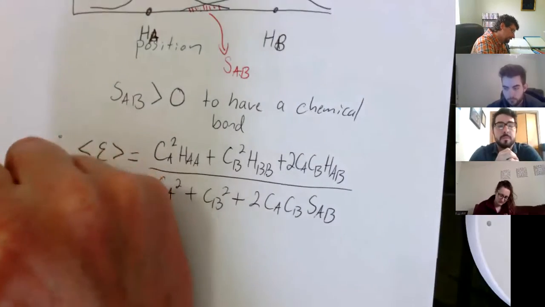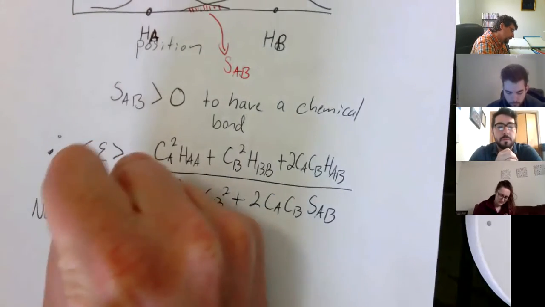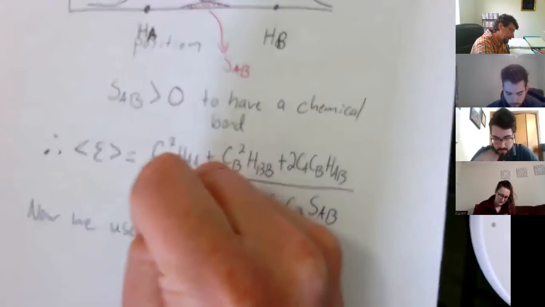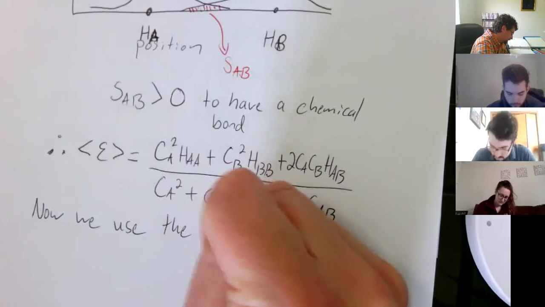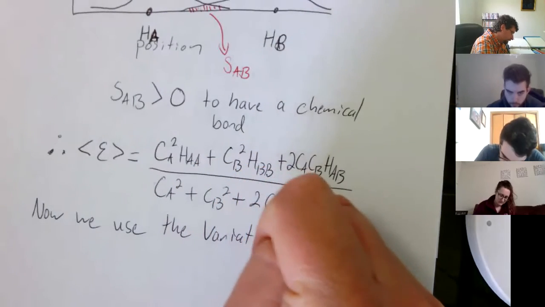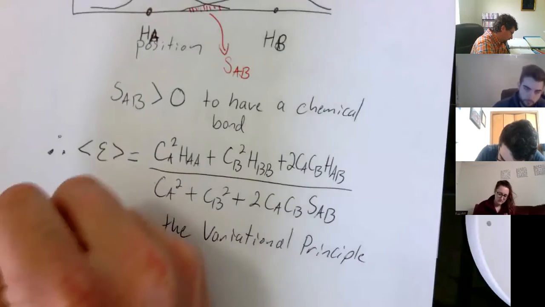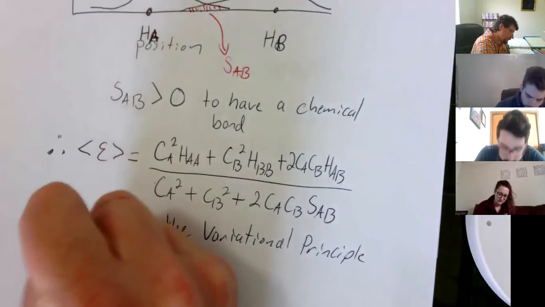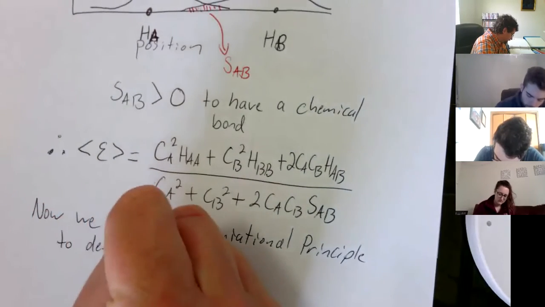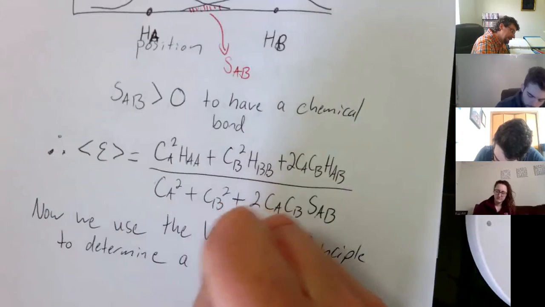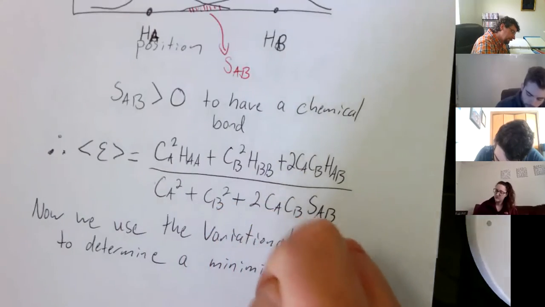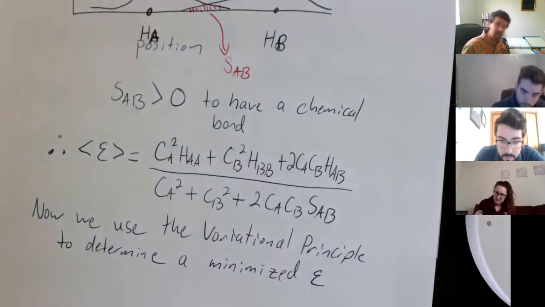So now we use the variational principle to determine a minimized value of E.